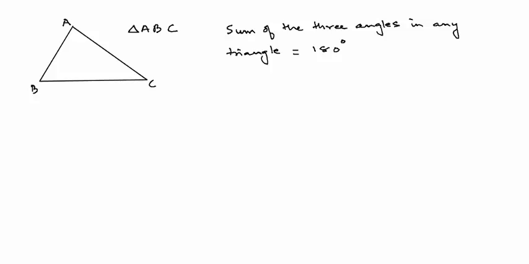One way to classify triangles is by the lengths of their sides. In an equilateral triangle, all 3 sides have the same length. So we have all equal sides. All sides are equal.